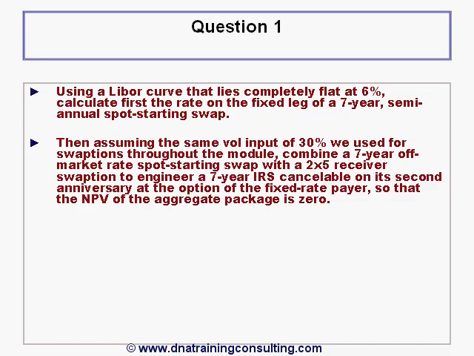Then, assuming the same vol input of 30% we used for swaptions throughout the module, combine a 7-year off-market rate swap with a 2x5 receiver swaption to engineer a 7-year IRS cancelable on its second anniversary at the option of the fixed rate pair, such that the NPV of the aggregate package is 0.